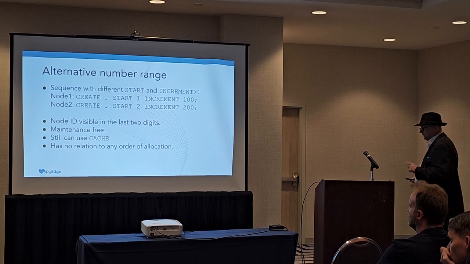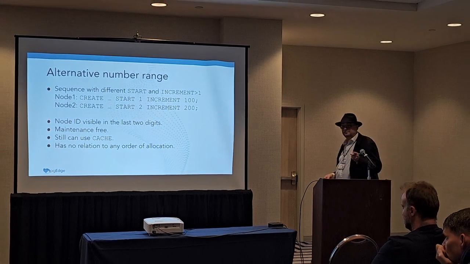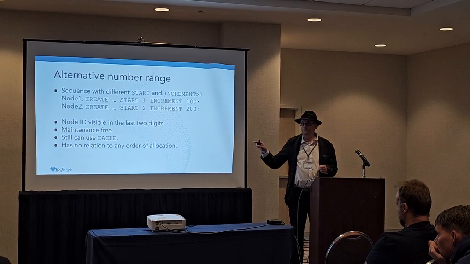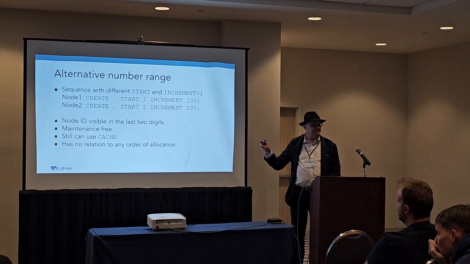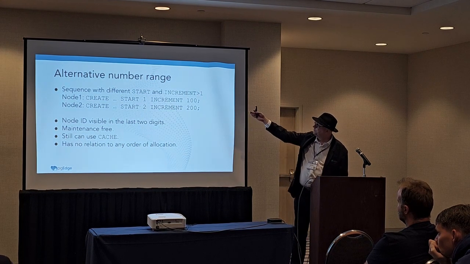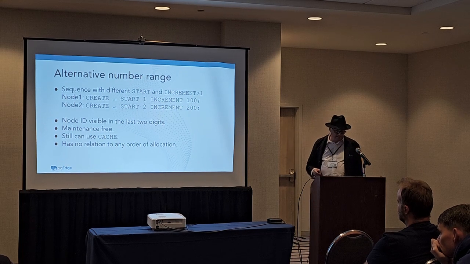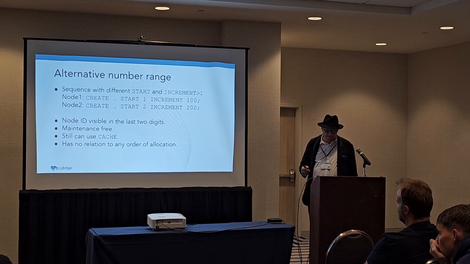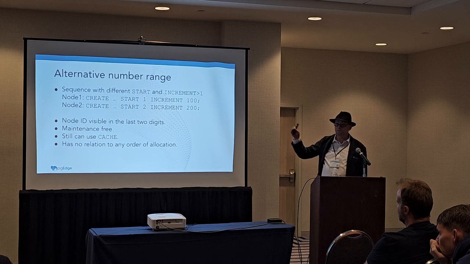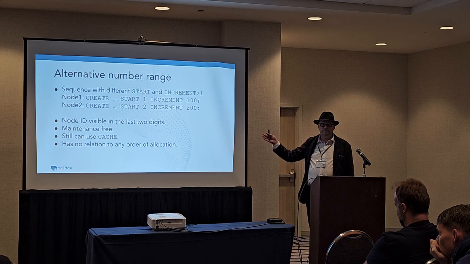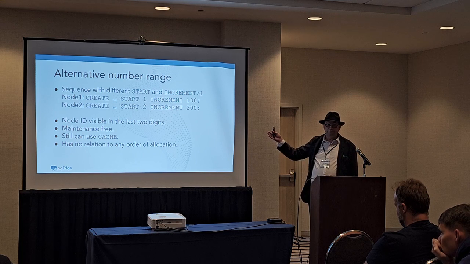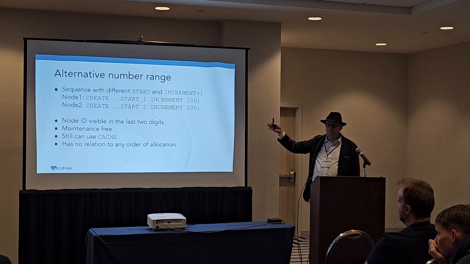Now, a nice side effect is the last two digits tell me the origin of that ID automatically, because the first one will increment like 1, 101, 201, 301, and so on. Likewise, the other one will always have 02 at the end.